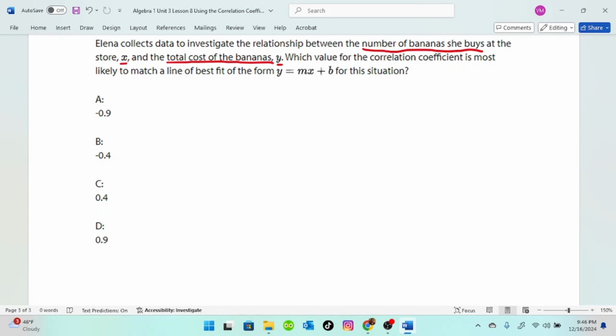So what we would expect is that as we buy more bananas, X increases.